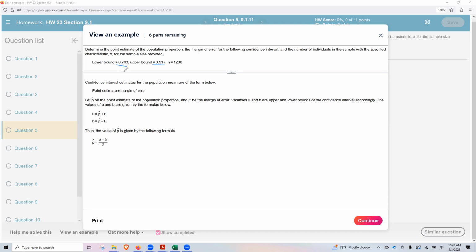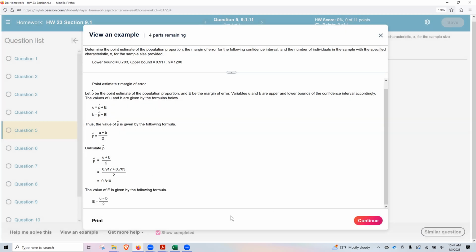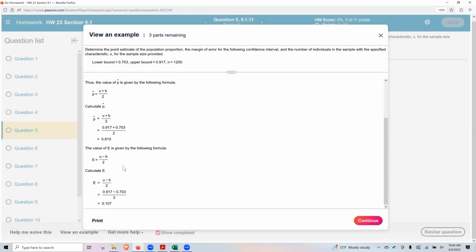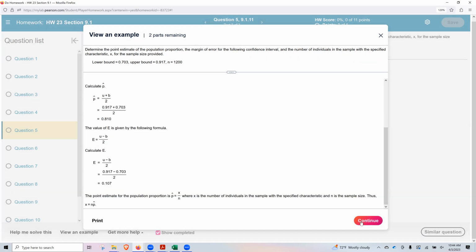So if these are the endpoints, this would be the midpoint, which is where p hat is. So that's another way to find it. So add them together, divide by 2, and that's it. Once you have that, use this formula here to find the error. That's pretty much it, though.